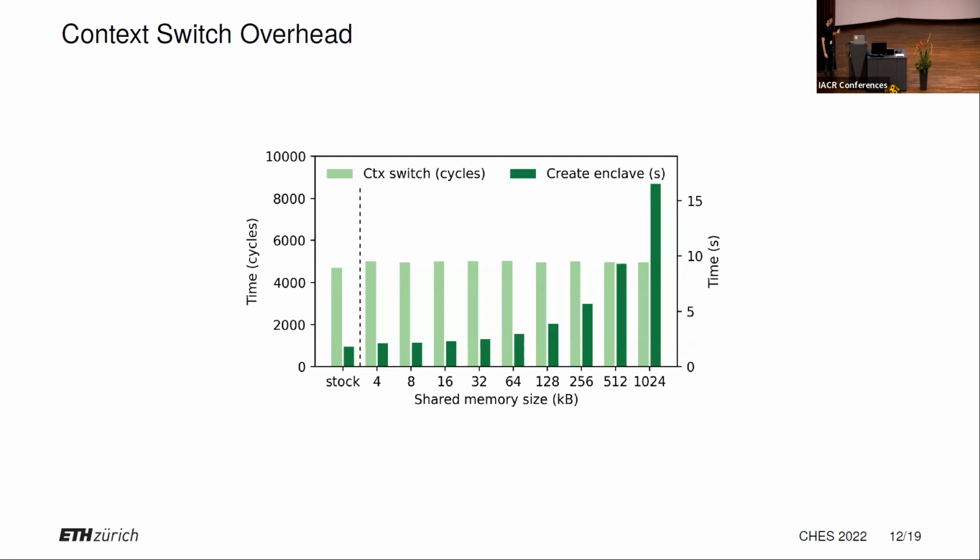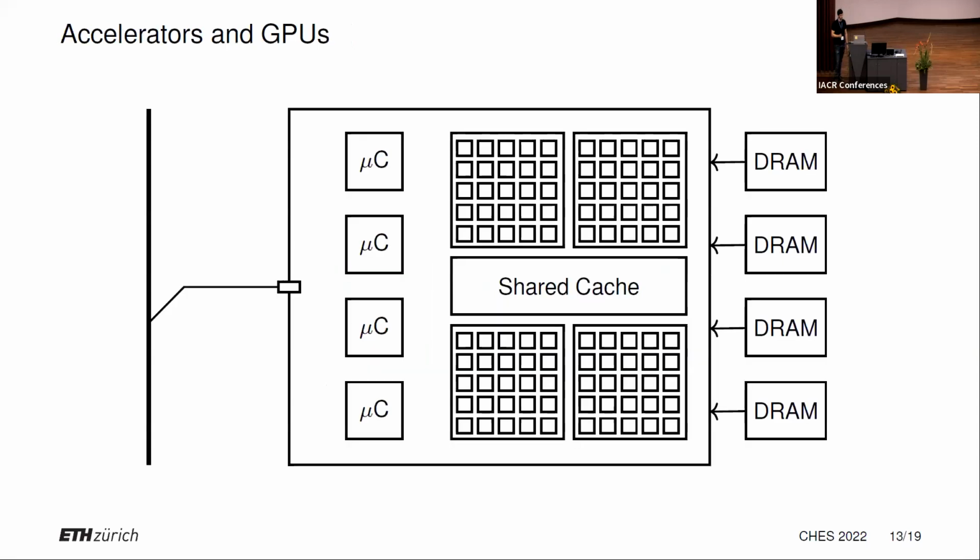So we measured context switch based on how much memory we share, and the context switch itself, which is the light green line here, doesn't increase that much. It's basically the same. However, to create a new container, a new enclave, you have to do a lot of checks, and the main overhead is here, the virtual to physical translation, parsing and stuff. So this is linear with the size of the shared memory.